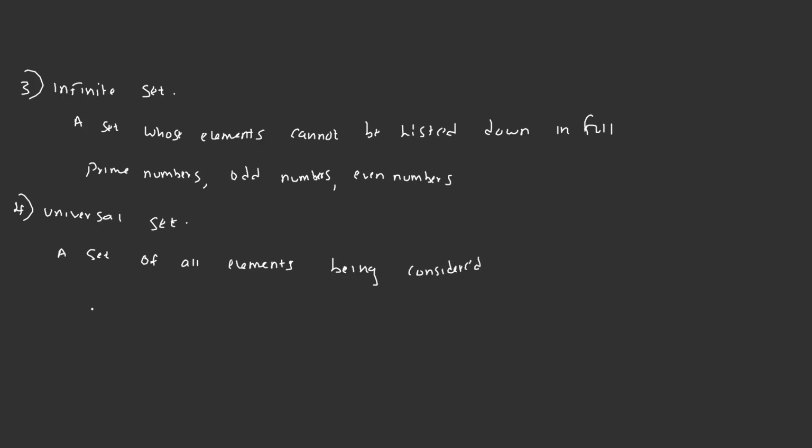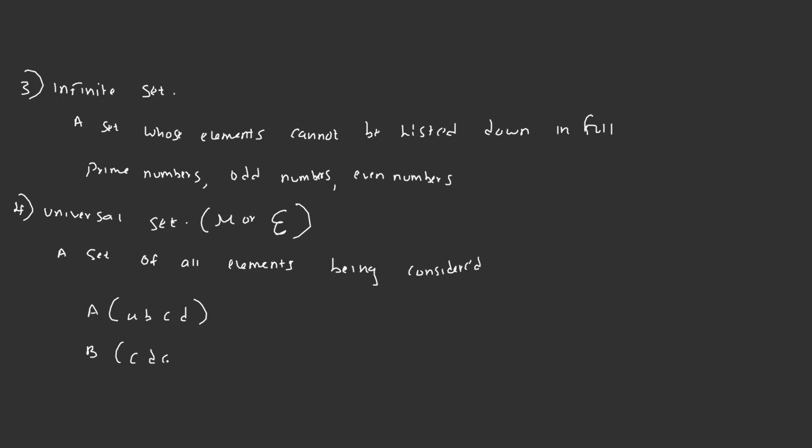So we can have set A, okay, this universal set is usually denoted by one of those two symbols. So we can have a set A which has a, b, c and d, and we can have a set B which has c, d, e, f.